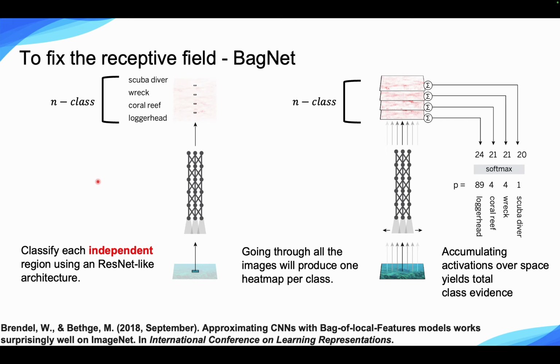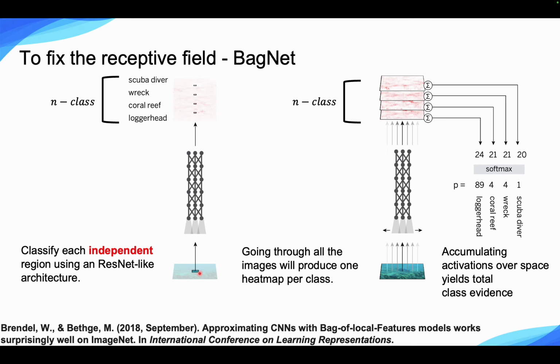So the idea of BagNet is simple. It classifies each independent region using a ResNet-like architecture. Every patch will be computed using the same ResNet-like architecture, and the patches will not overlap.